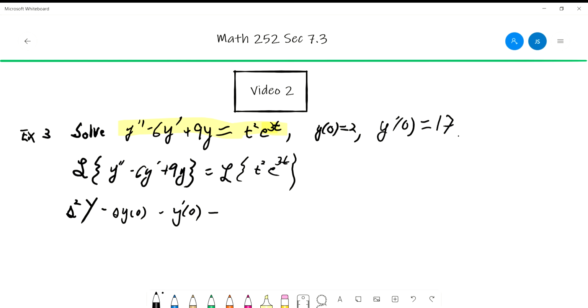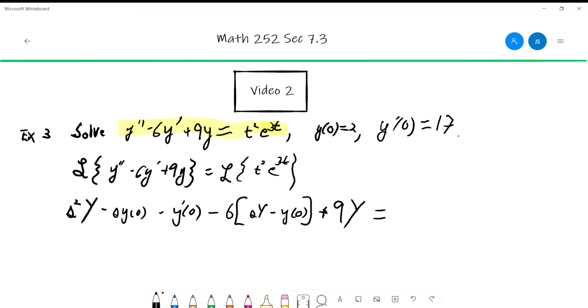Minus 6 times the Laplace transform of y prime, which is sY minus y of 0. And we got plus 9 times capital Y. That's our left-hand side.